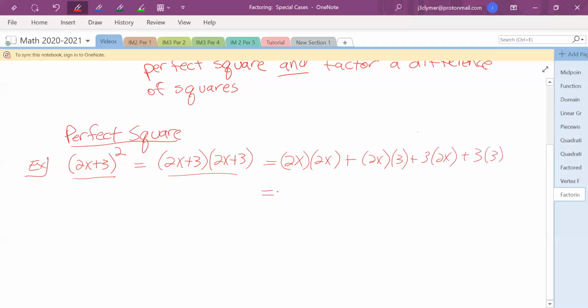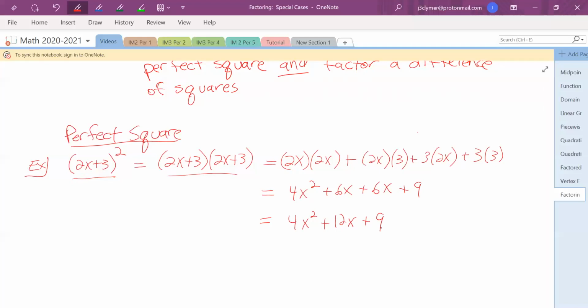What you end up with is 4x squared plus 6x plus 6x plus 9. And then we simplify by combining like terms, and we get 4x squared plus 12x plus 9. All right, so this is a perfect square, and when we multiply it out, this is what we get.